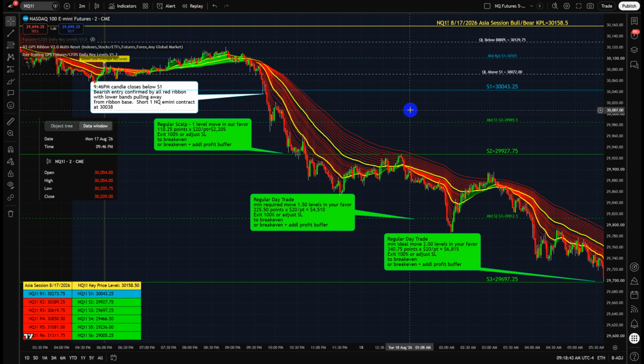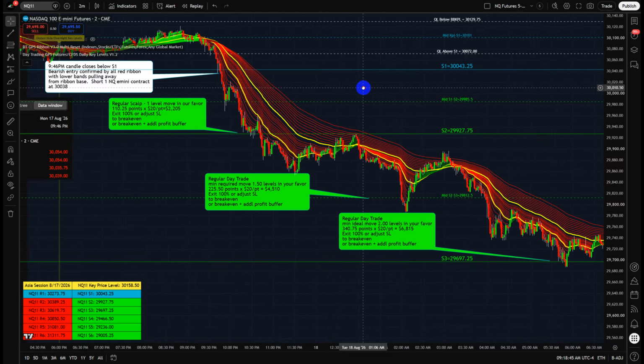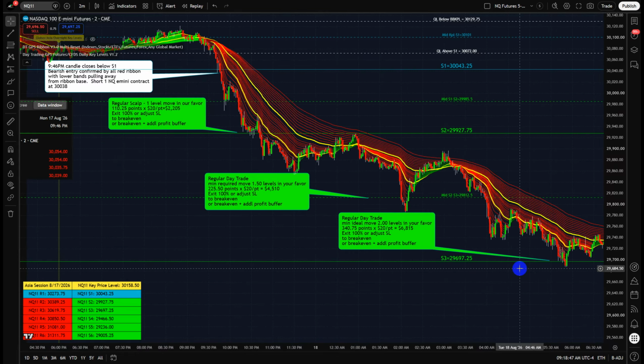The third level, as far as initial adjustment or exit, would be the minimum ideal move. The minimum ideal move on ES and NQ is going to be a 2-level move in your favor. A 2-level move in your favor from S1 on a bearish entry is going to be S3. For this particular session, S3 is 29,697.25.